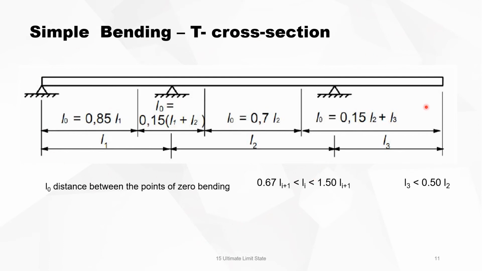This approximation rule is only valid if this distance L3 is smaller than half of this span, and every span must lie between, let's say, 2/3 of the left-hand side and smaller than 1.5 times the span of the left-hand side. So the spans may not differ too much. For instance, a span of 1 meter and next to it a span of 10 meters. In this case, you cannot use those simplified L0 calculations.